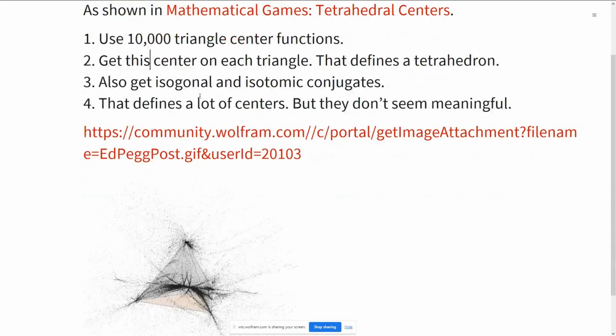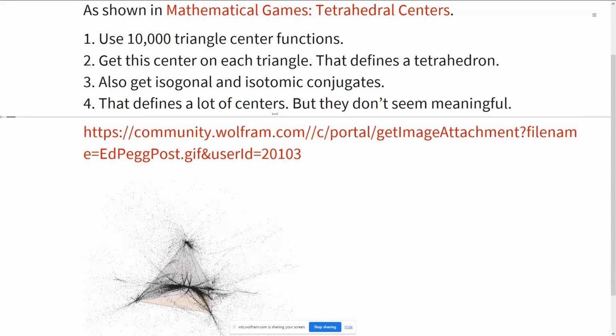I got the center of each triangle, each of the 4 triangles on the tetrahedron's face, and that defined a tetrahedron. And then I could apply these tetrahedron centers to that set of 4 points. And I could also find the isogonal and isotomic conjugates, and then I could combine all of them together.